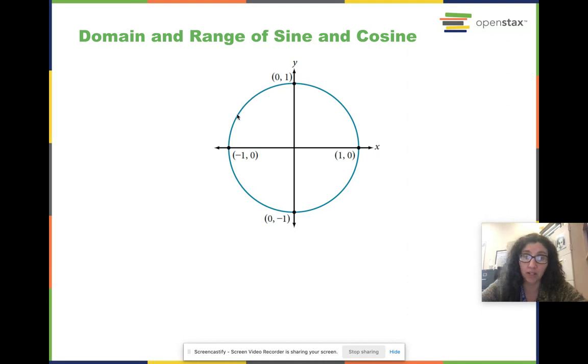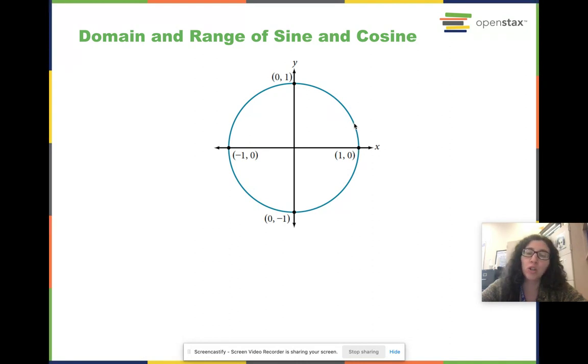And then it's going to get smaller and smaller. We're thinking about the y value of the point on this circle. Now it's going to be negative and go all the way down to -1 and then back to 0, right? So the range of the possible y values for sine as you go around here is -1 to 1, right?